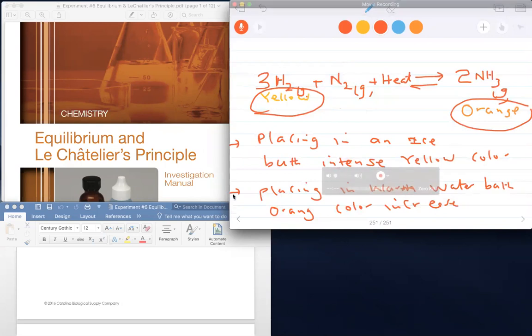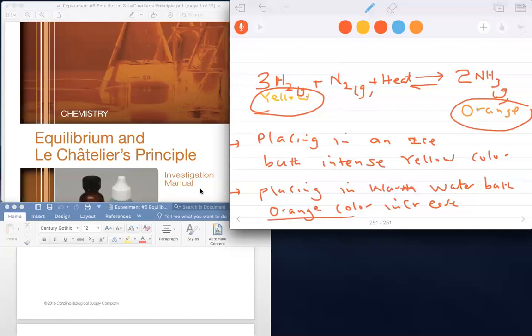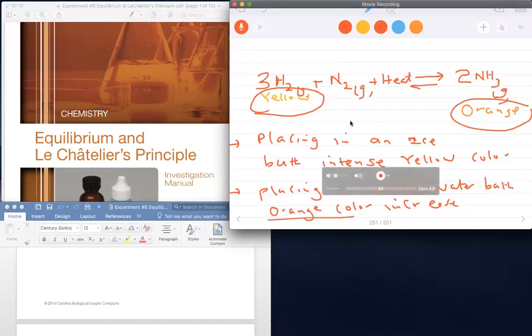If you look at the second procedure or activity, placing in a water bath, and orange, this is orange color. This orange color increase. That means if we place this system at equilibrium in a warm water bath, we are increasing the heat, and the system will shift in such a way as we are stressing the system.